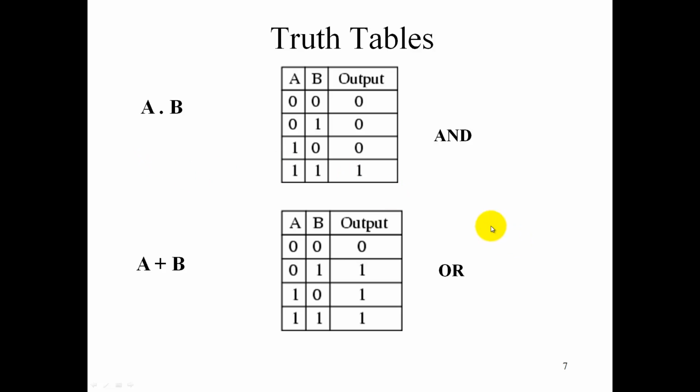Now, to understand what this means, let us think about the light switches again. If light switch A and light switch B are both required in order for the light to be on, then we could say A and B, right? Because the key term here is A and B are necessary for it to be on.